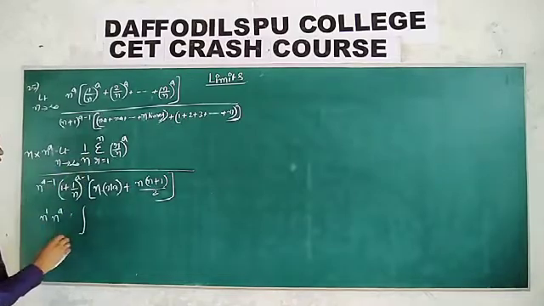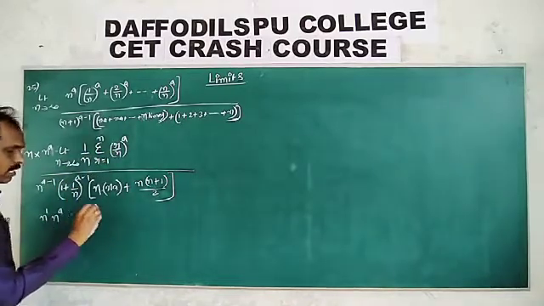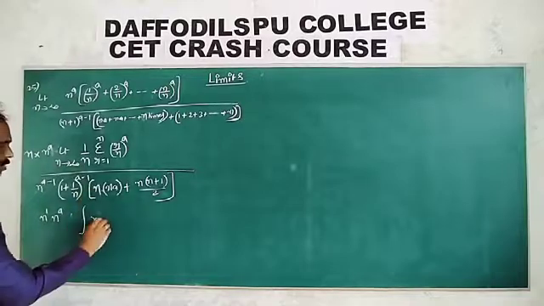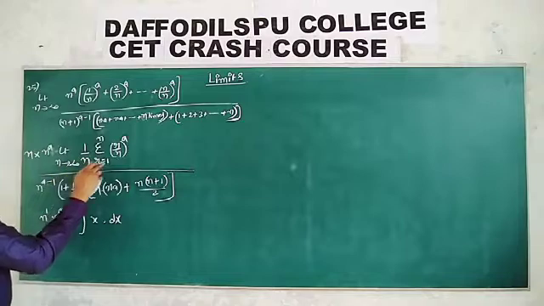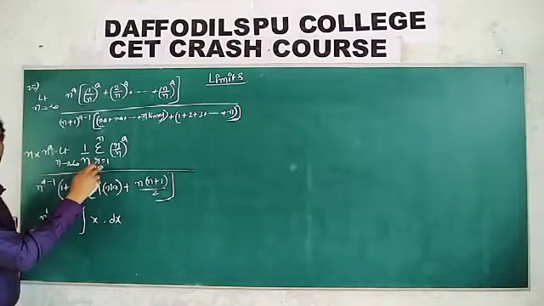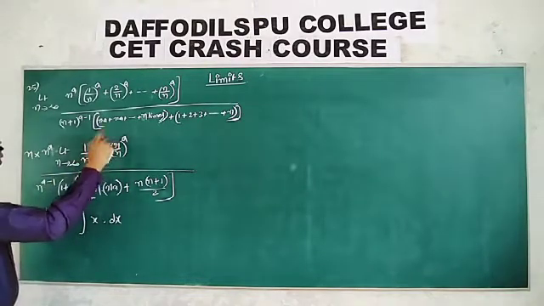Sigma means integration, r means x, and 1 by n means dx. Here r has a least value. r equal to 1, substituted in 1 by n, and applying n tends to infinity, 1 by n means 0.